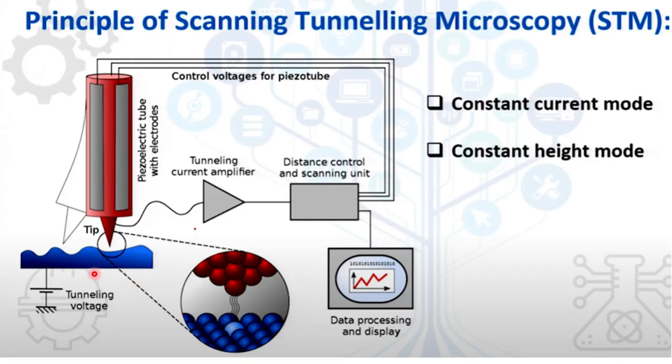You put a voltage difference, and tunneling is actually a quantum phenomenon. Even though it is not exactly touching the surface, through the tunneling process the electron can hop. Basically it is hopping, and then a very small amount of current is generated, and after taking that current, the image is formed.